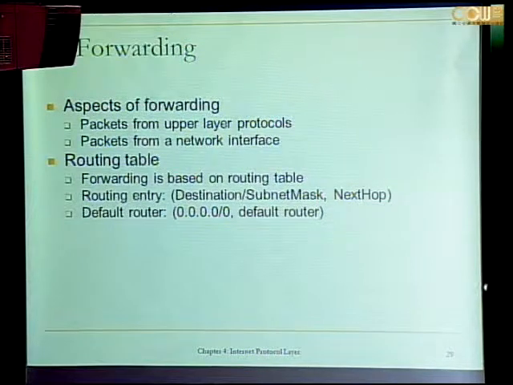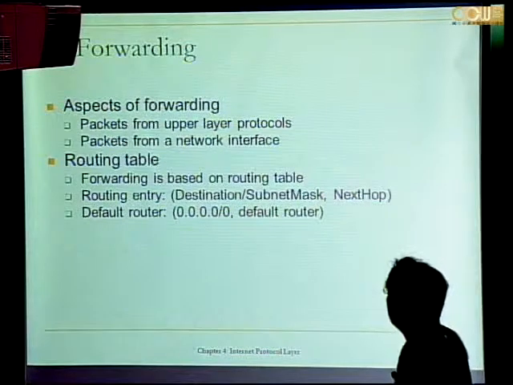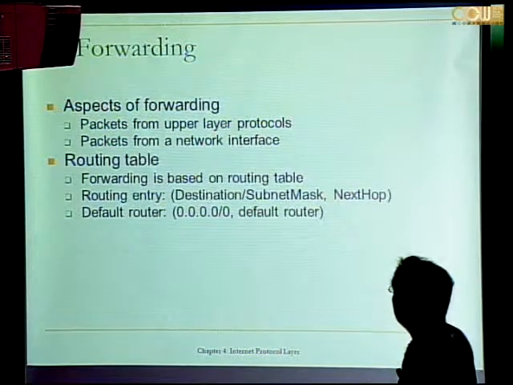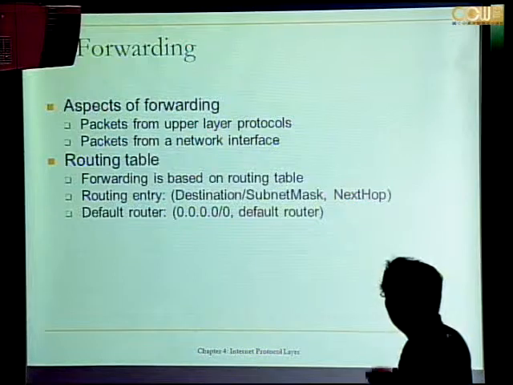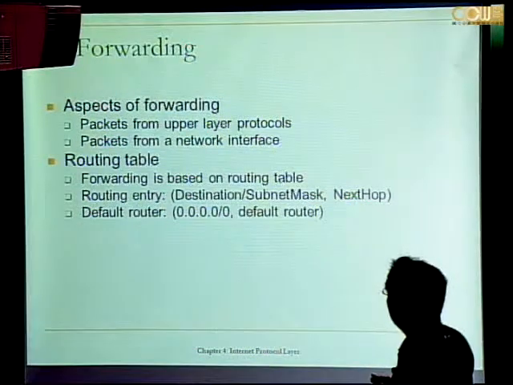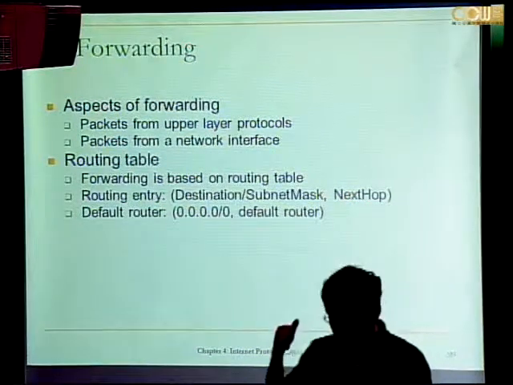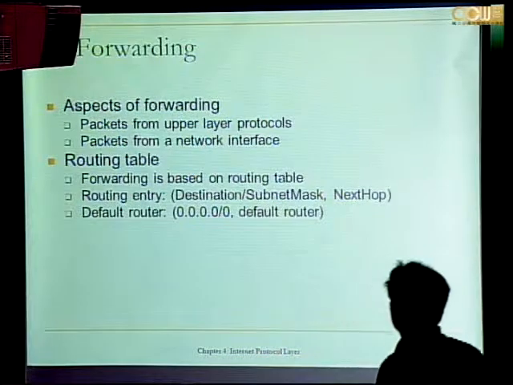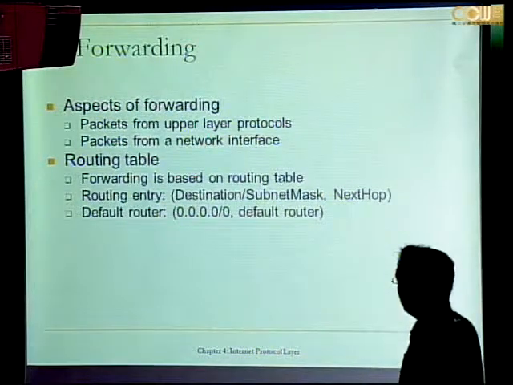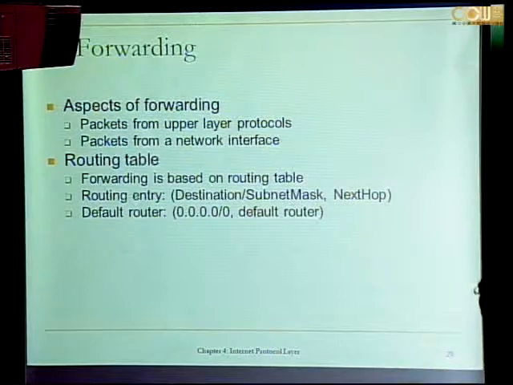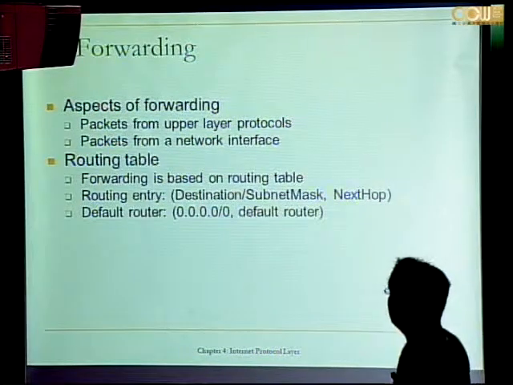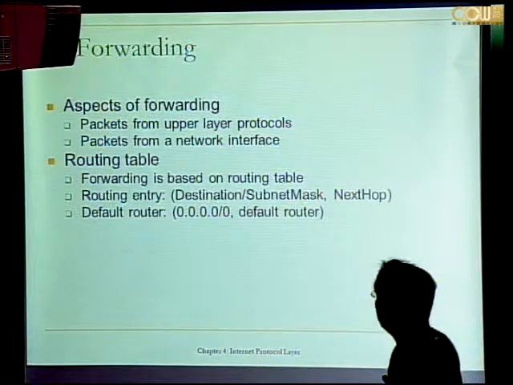If we receive a packet, then we need to forward it. The forwarding could be through the upper layer or through another network interface, so either go up or go down. To forward that packet to another interface, it's based on the routing table entry.